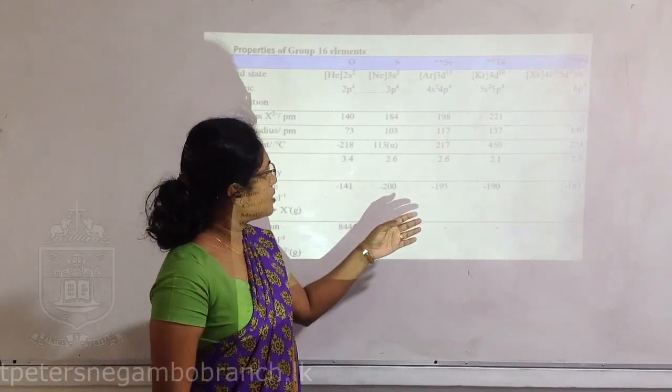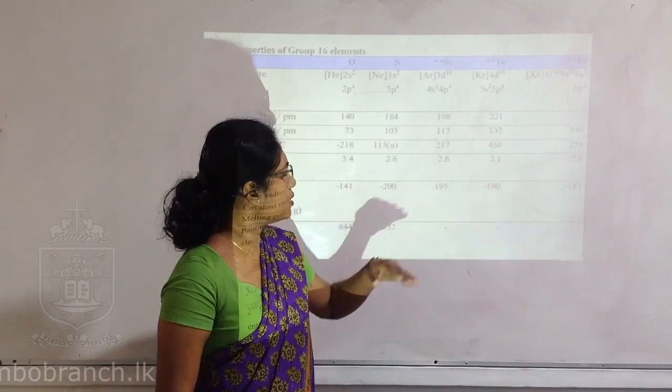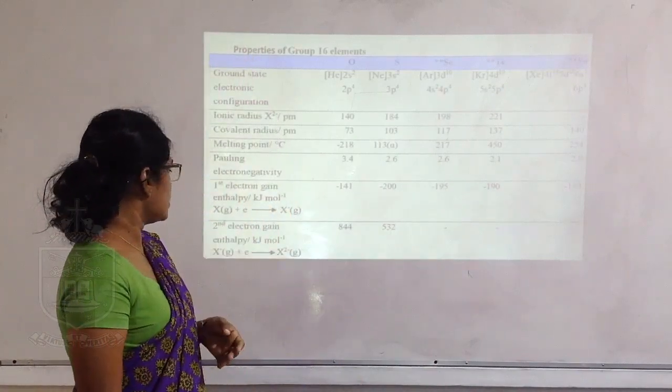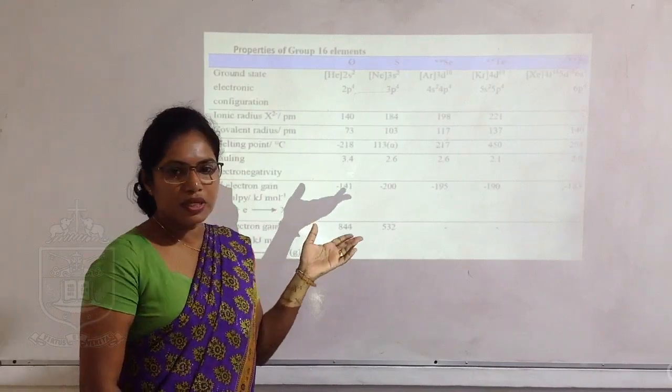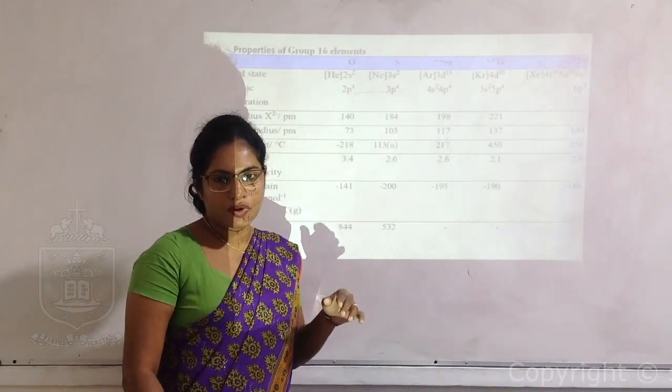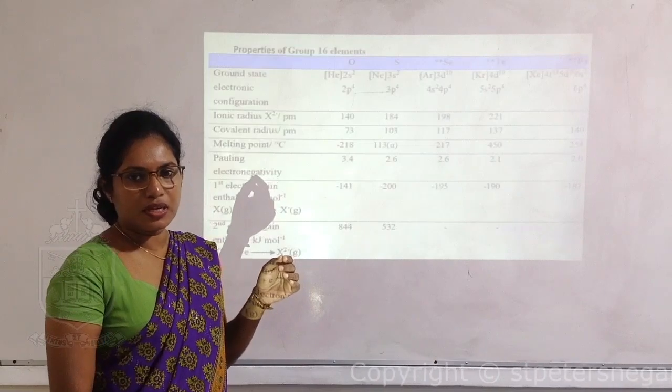For selenium, tellurium and polonium, there are no second electron gain enthalpies, because they normally tend to form the +4 oxidation state.